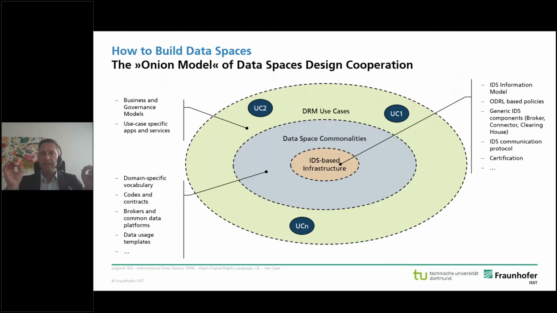We need to have this shared infrastructure services in place. And those are a very lean, very limited number of services, like identity provisioning, like brokers, like making sure that stuff finds each other, right?